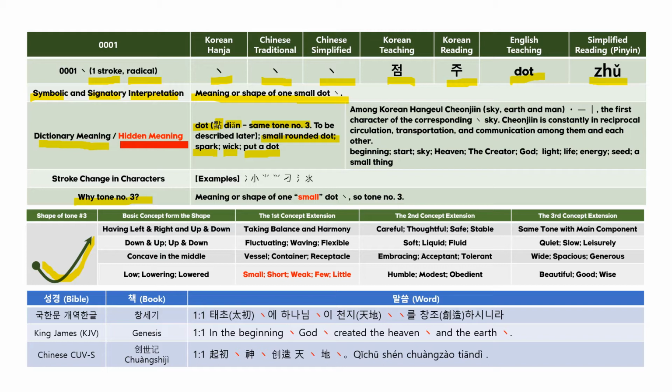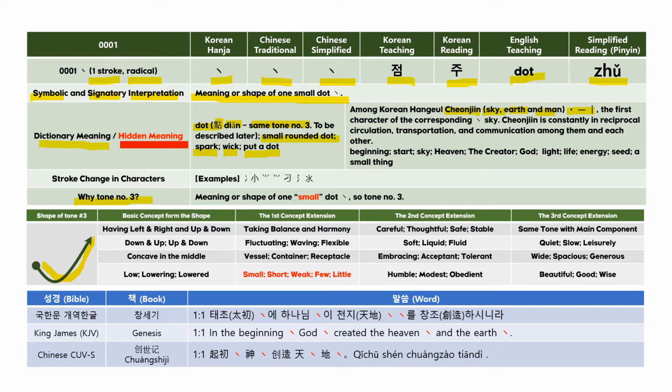In Korean traditional philosophy, we have the concept of 천지인, meaning sky, earth, and man. In Hanja and Chinese characters, there is the same concept of 천지인, sky, earth, and man.